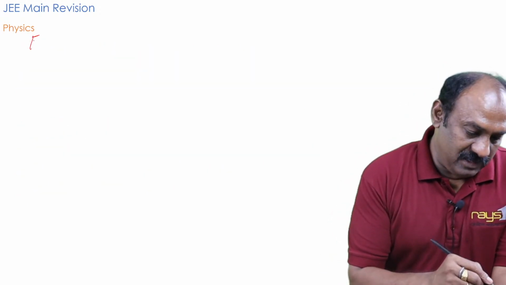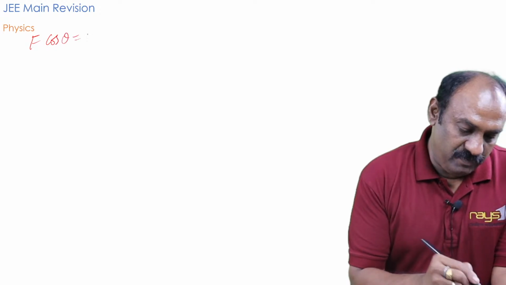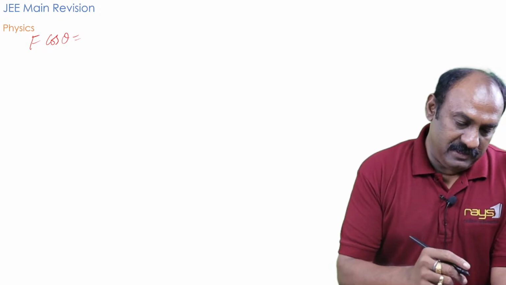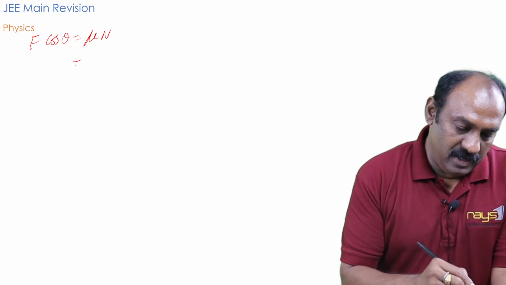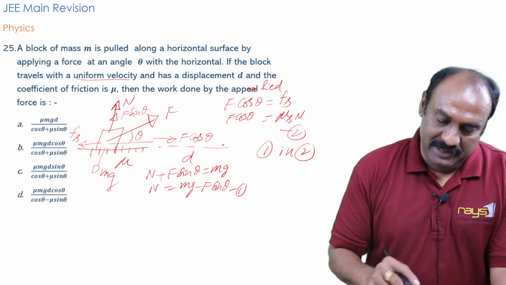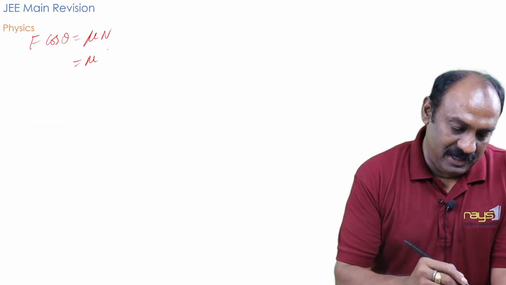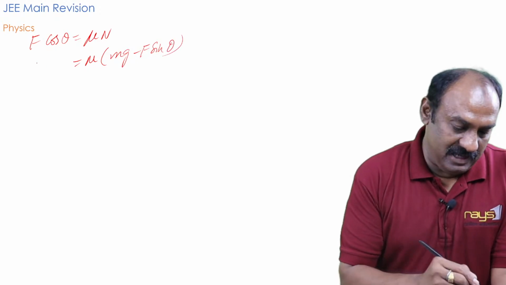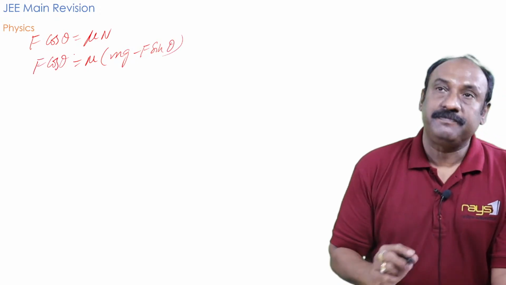Then F cos theta is equal to mu s into N, mu into the normal reaction, which is written as mg minus F sin theta. So mu into (mg minus F sin theta) is equal to F cos theta.